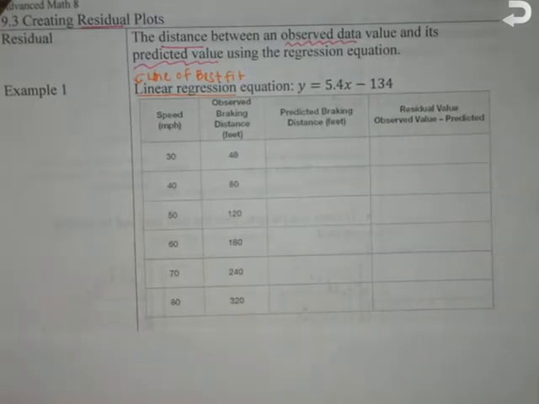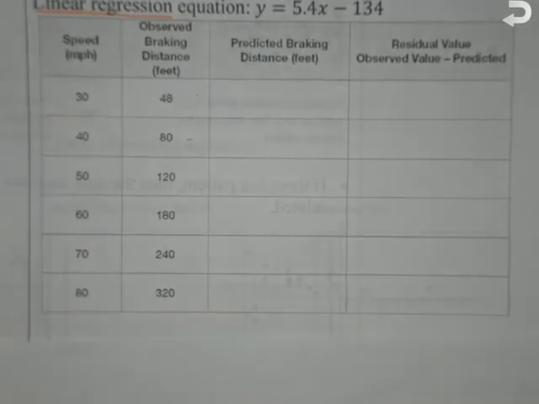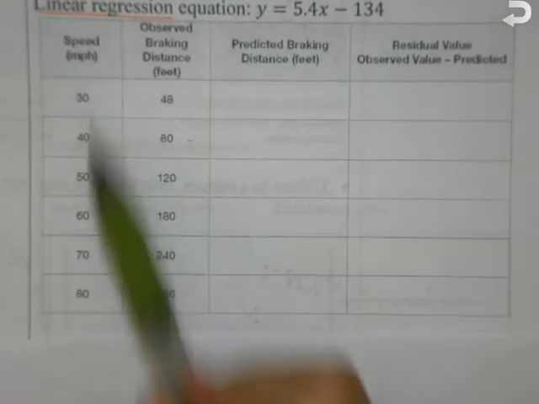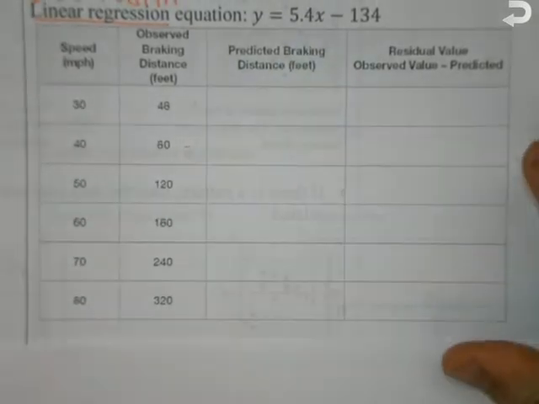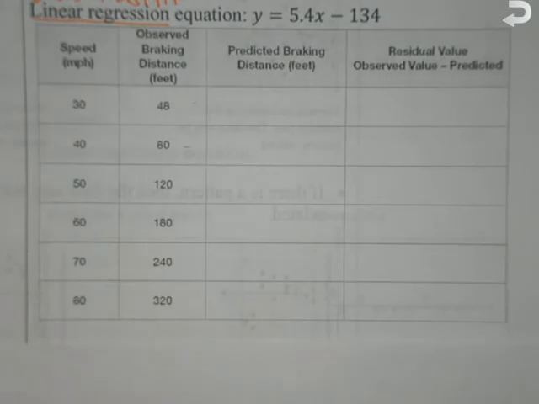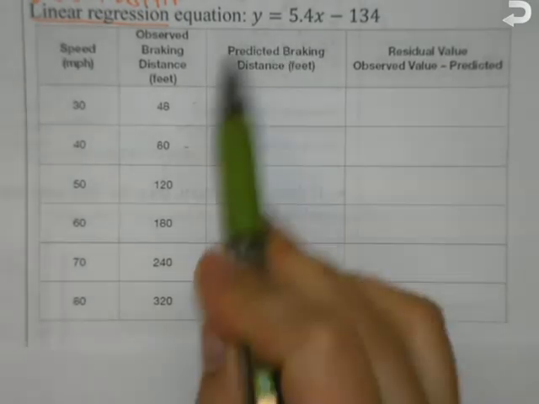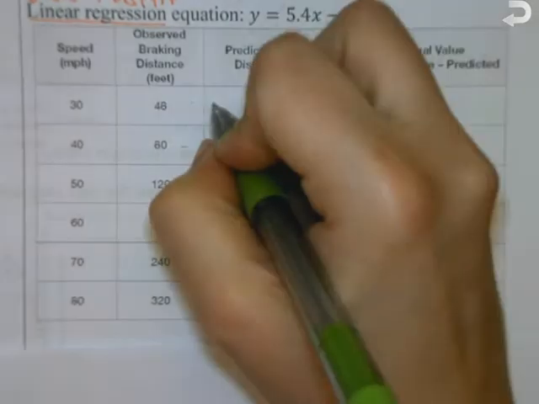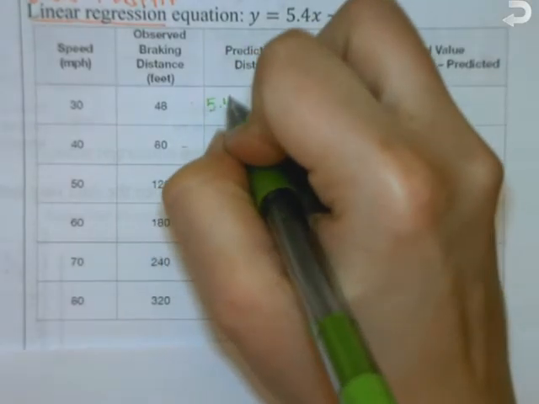Okay, guys, so to find our predicted braking distance, we're going to take our speed, which is our x value, and plug it into the linear regression equation. So the second column, like I said, is the actual distance. Somebody stood outside and measured it. And then we want to use the linear regression equation to predict it. So this is going to be 5.4 times x.